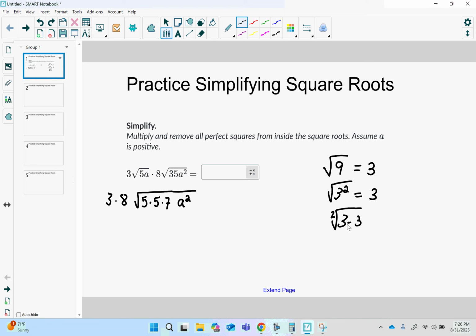So any time you see a pair, two of the same factor underneath that square root, you can have one of them come out. Only one of them comes out. So these all simplify to 3, right?